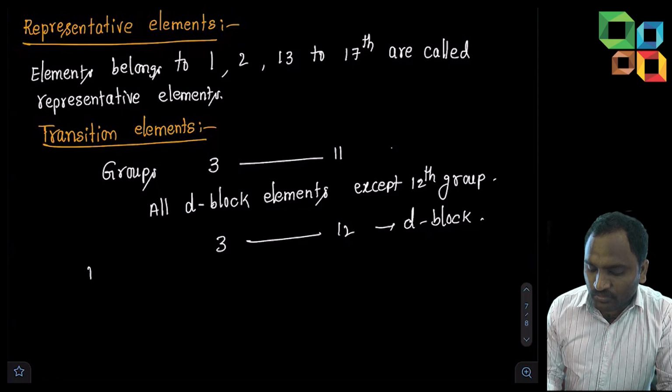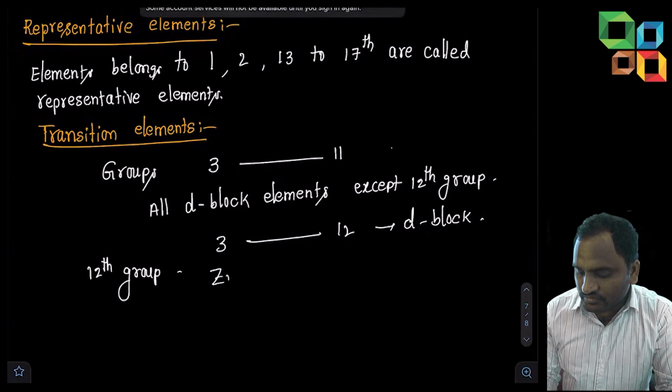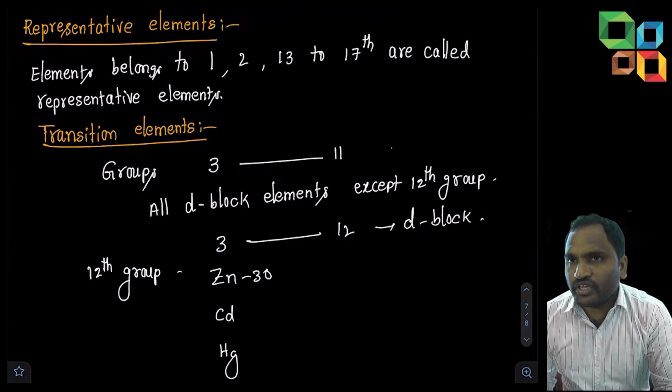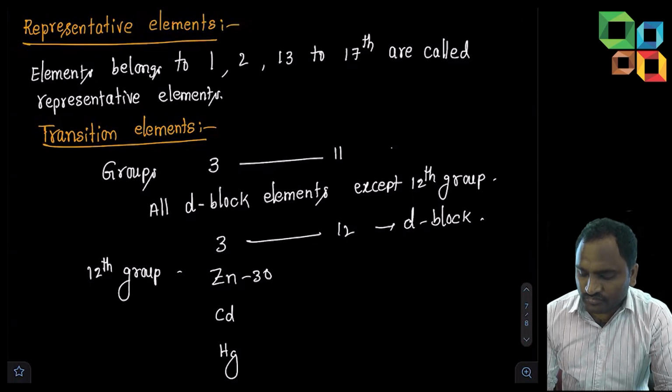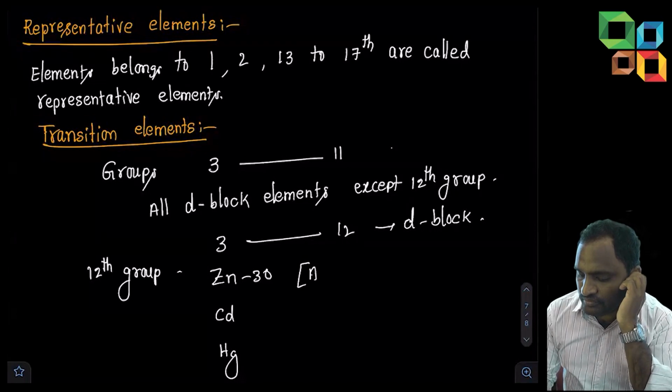Examples of 12th group elements: zinc, cadmium, mercury. Zinc atomic number 30, cadmium 48, mercury 80. If you write the electronic configuration for zinc, argon 4s2 3d10.